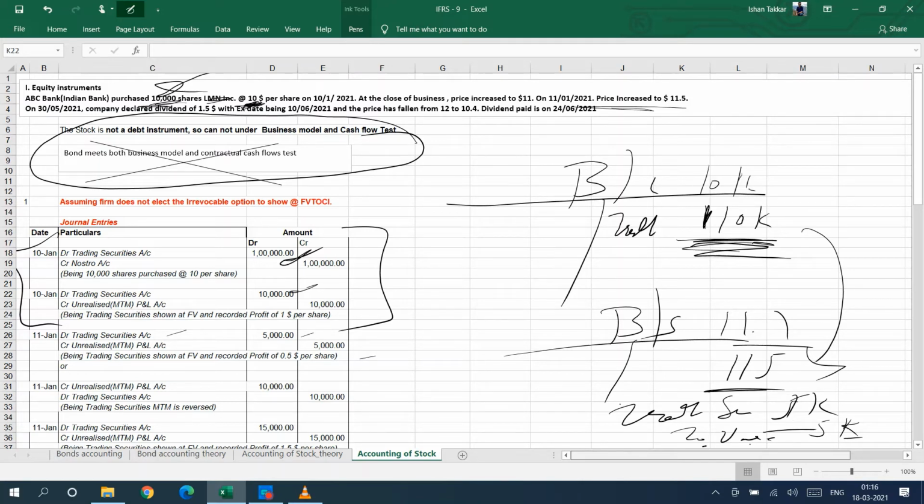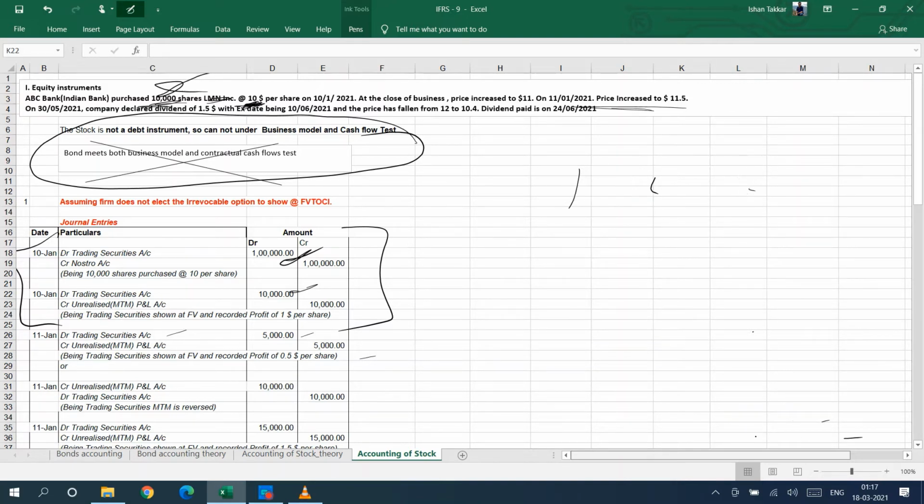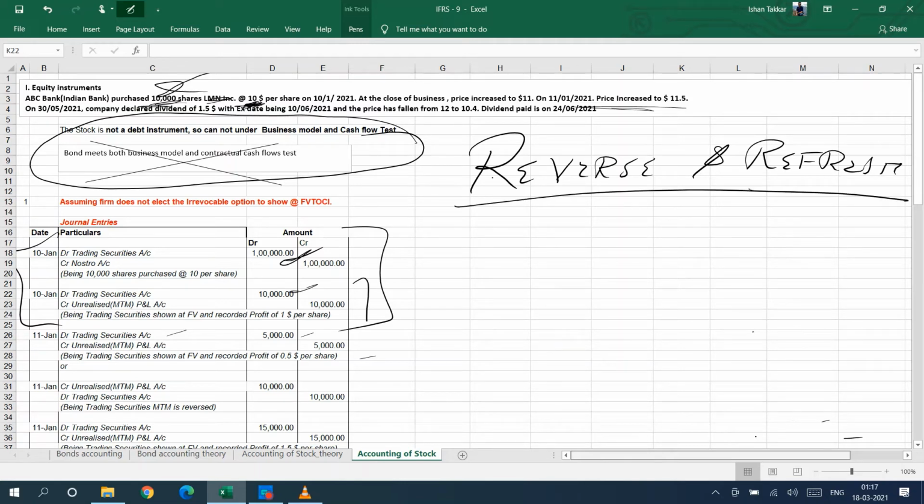I hope it's clear. But let me tell you one beautiful concept that most banks follow. They don't do the accounting like that. They do a concept called reverse and refresh accounting. Whatever changes in fair value you recorded on the previous day, you reverse on the next day, and debit the asset showing the net profit you have.